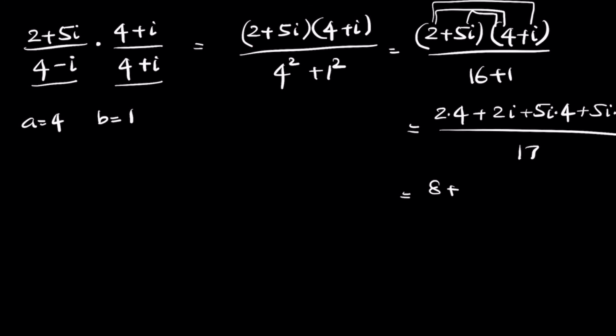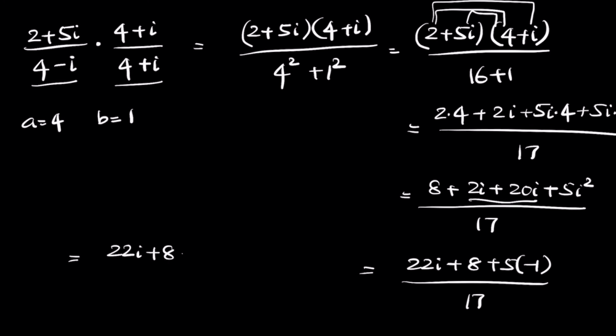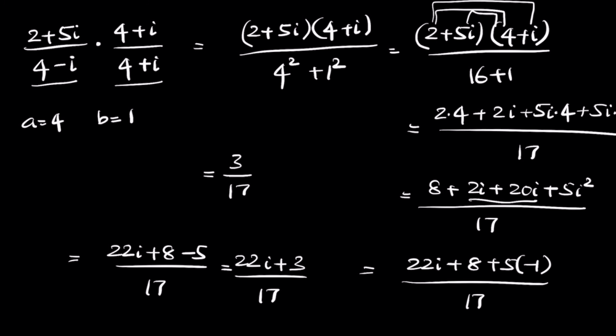So 8 plus 2i plus 20i plus 5i square by 17. So 2i plus 20i is 22i, plus 8 plus 5 times i square, which is minus 1, over 17. So 22i plus 8 minus 5 by 17. So that becomes 22i plus 3 by 17. Or we can split it and write it as 3 by 17 plus 22 by 17 i.